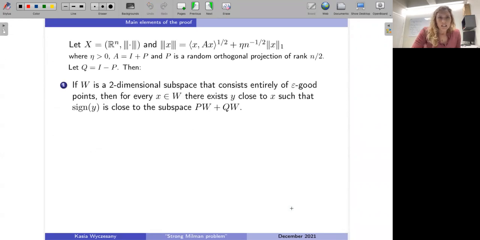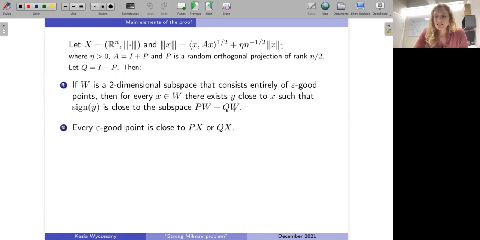Okay. So here are the main elements of the proof. Here is a recollection of what our norm is. And point number one we've just shown is that if W is a 2-dimensional subspace which consists entirely of epsilon good points, then for every x in W there will be a y which is close by, and such that sine y is close to this subspace PW plus QW.